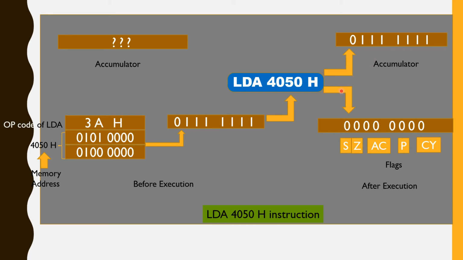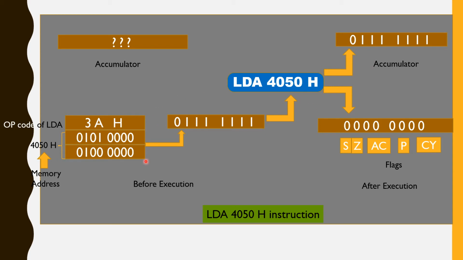The auxiliary carry flag is set whenever a carry is generated from the fourth position to the fifth position. Here nothing like that happens, so the auxiliary carry flag is also reset. Now the zero flag: the contents of the accumulator are not 0, so the zero flag is also reset. And the sign flag: this is a positive result, so the sign flag is also reset, that is 0. So those are the flags according to the result in the accumulator.